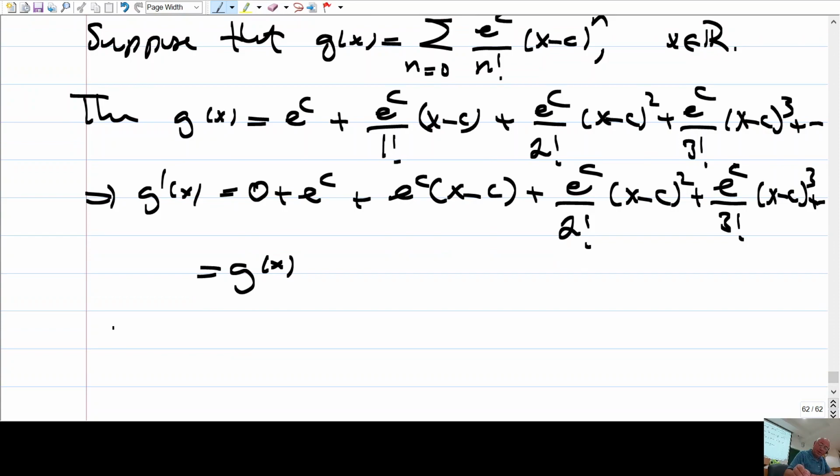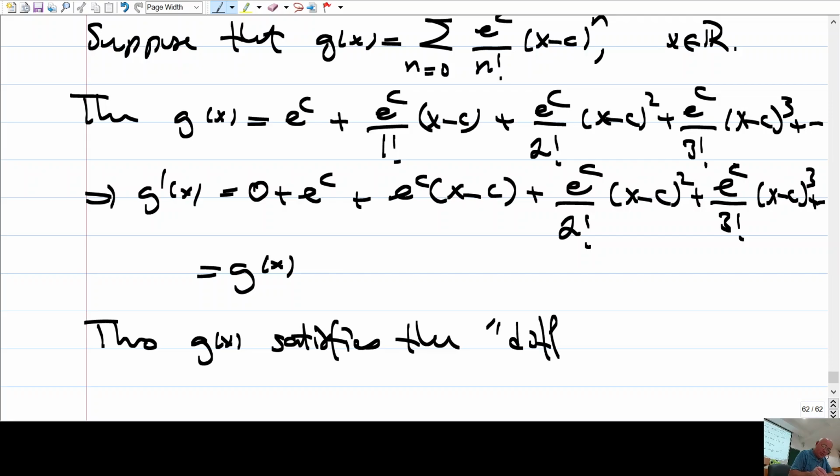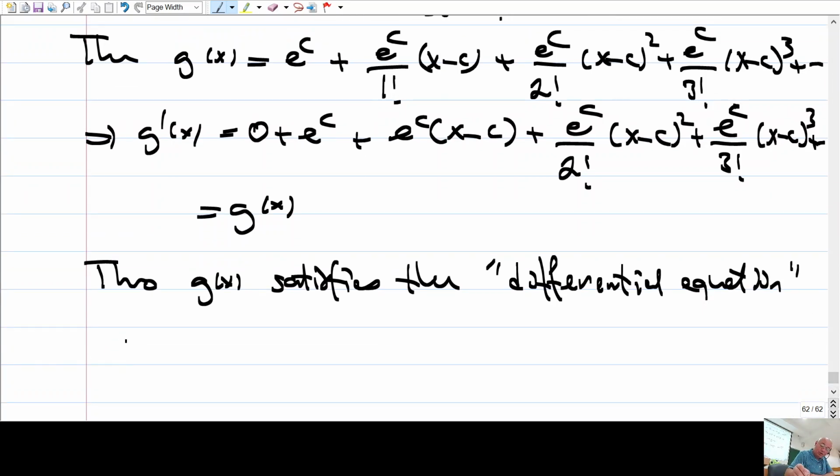Therefore, g of x satisfies the differential equation y prime equals y. You will see this next year, in the fall of 2019.